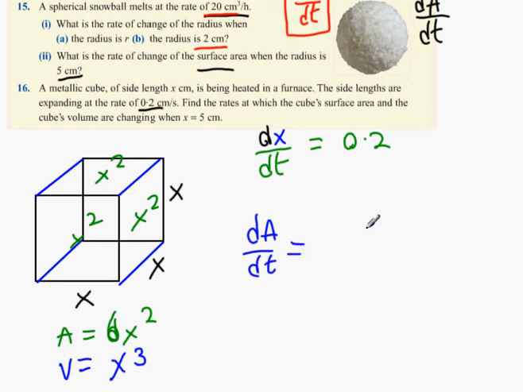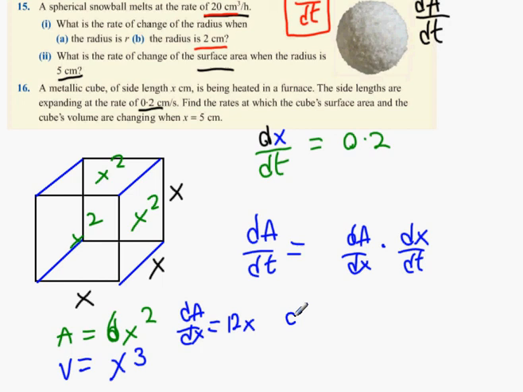Now to get dA dt, we have dx dt. Therefore, to complete this, we need dA over dx, and we can just differentiate this to find dA dx. What's dA dx going to be? 12x. So dA dt equals 12x, and then multiply by 0.2.